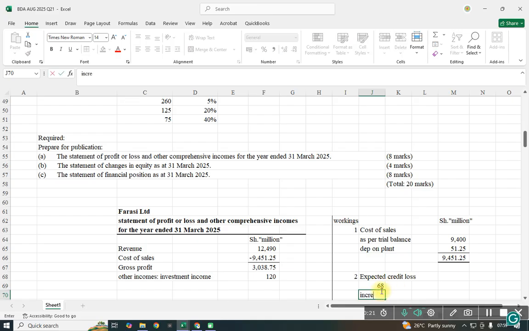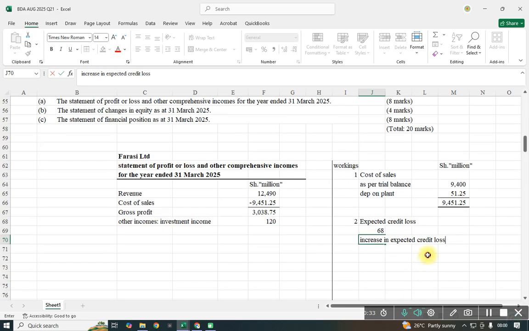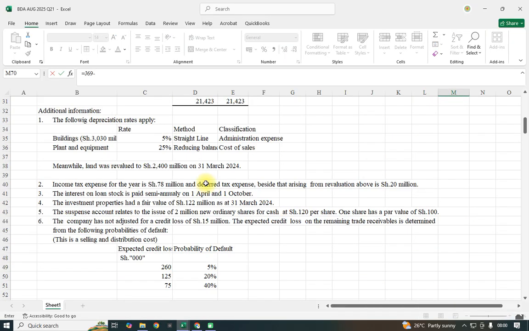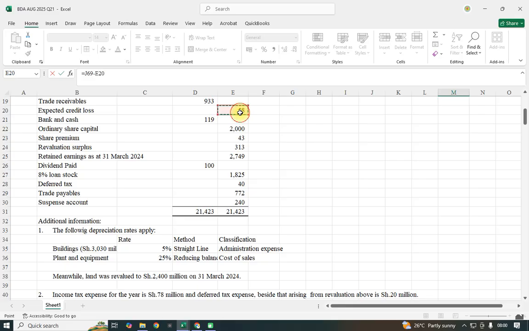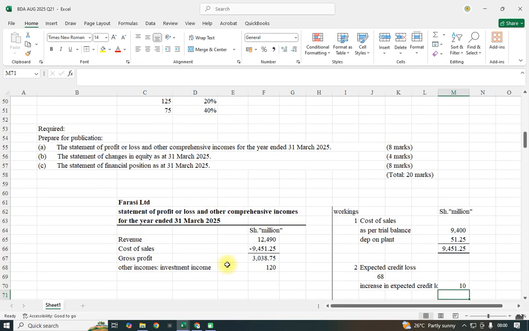We shall get an increase in expected credit loss. So it is an increase of 68 minus 58, whereby it will increase by 10.